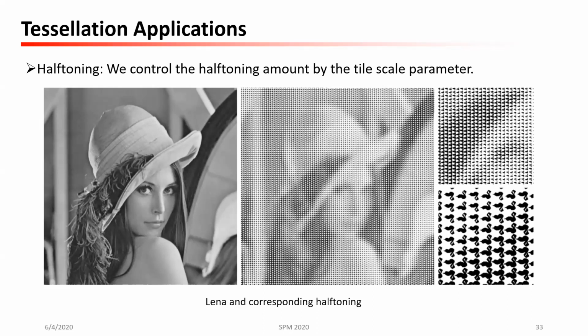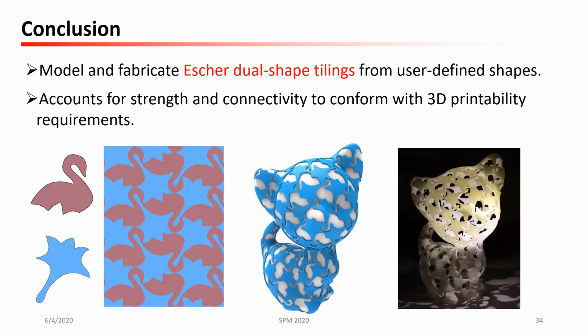This is linear and corresponding halftoning by our swan and lily tessellation. In conclusion, we present a novel approach to model and fabricate dual-shape tilings from user-defined shapes. To conform with 3D printability requirements, our tiling computation accounts for strength and connectivity.